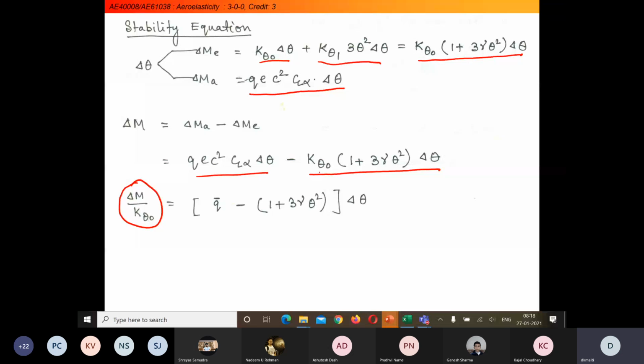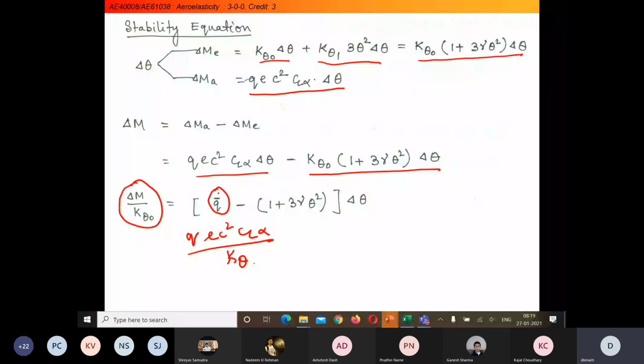So this term is nothing but q_D, the q divergence, and the non-dimensional term whatever we get, q by q_D is equal to q bar. That's what I have taken here: q bar minus 1 plus 3 gamma theta square, multiplied by delta theta.